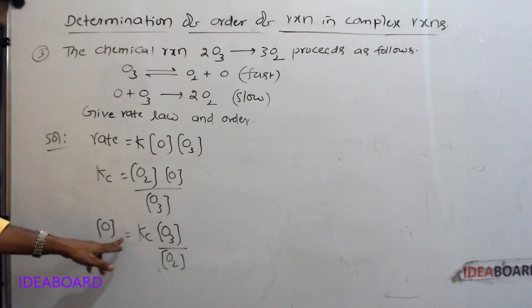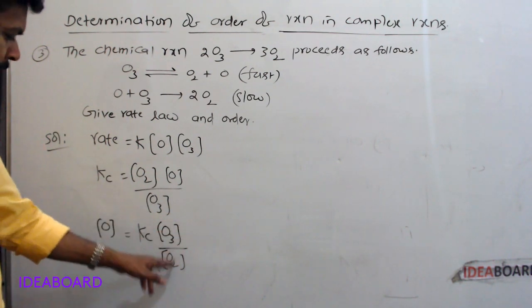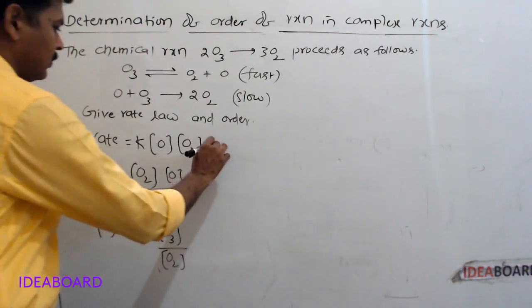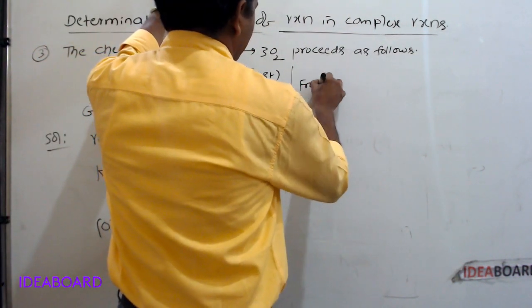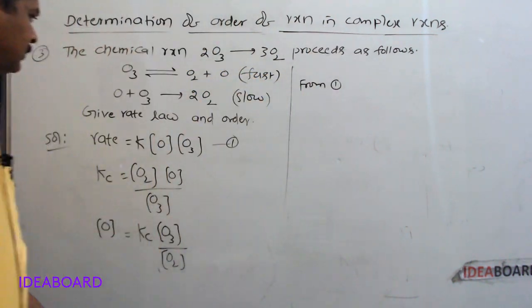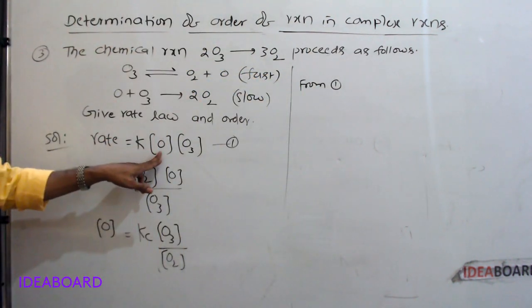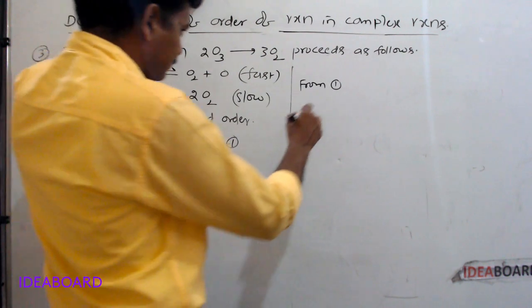So from equation 1, instead of this O concentration, we can write this one.